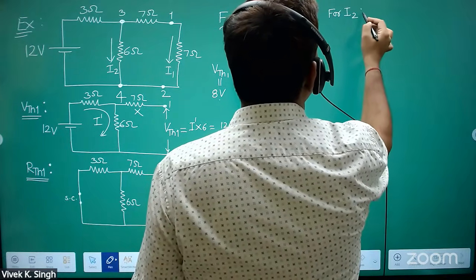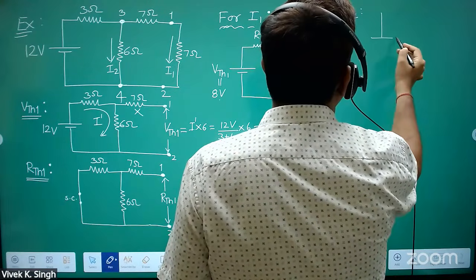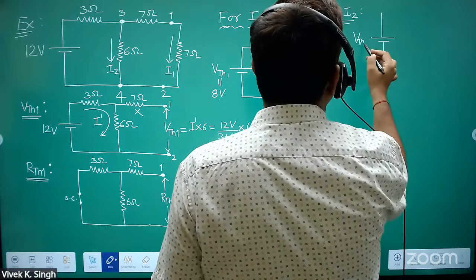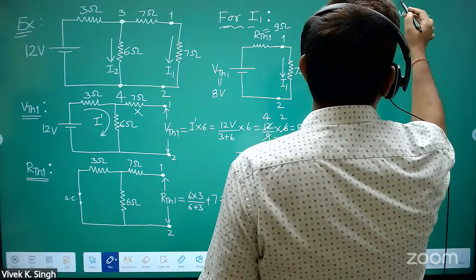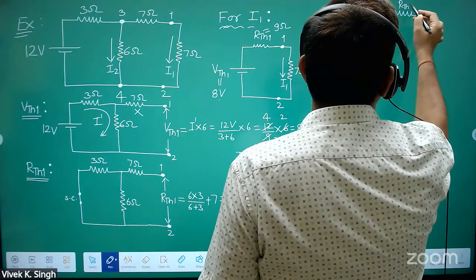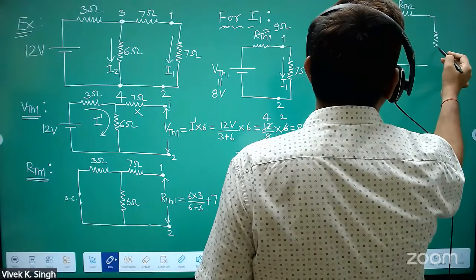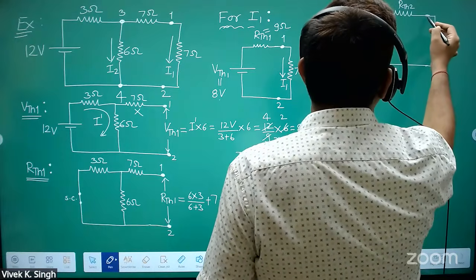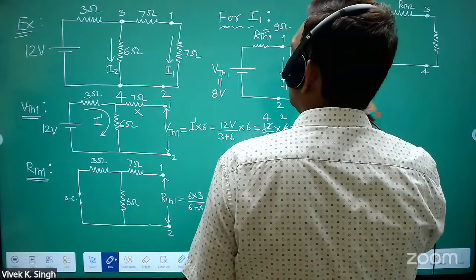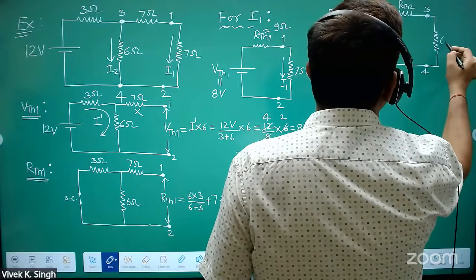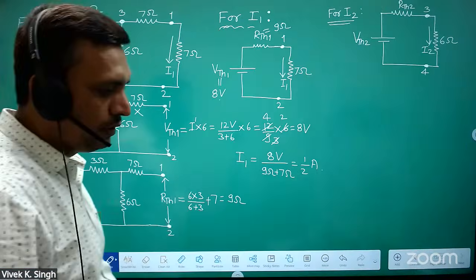For I2, you now have a new voltage source VTH2 and RTH2, across point 3 and 4, and that will be 6 ohm. So this current is I2. This is the Thevenin's equivalent.